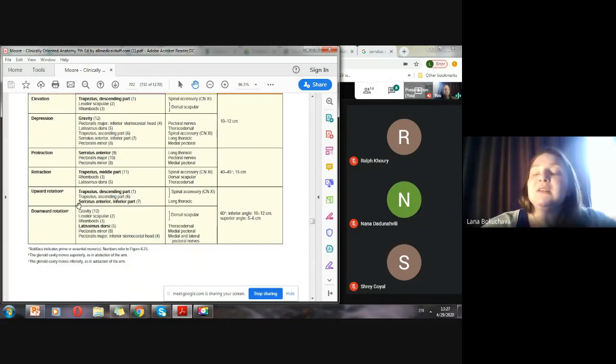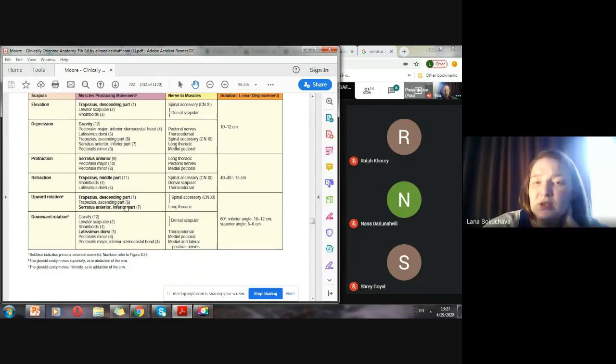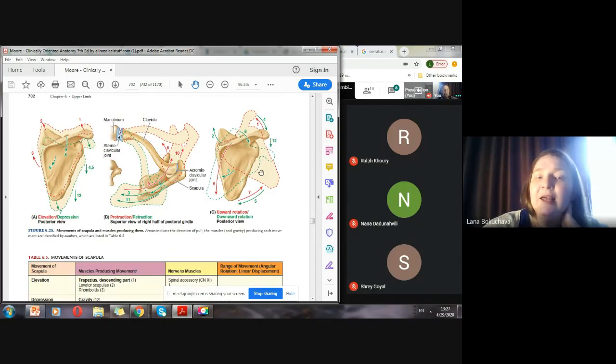Why? Because serratus anterior is not just attached to one point. As you have seen, it is attached to approximately the whole border on the anterior surface of it, okay? As a result, the inferior part of the serratus anterior will be rotating our scapula, as you can see in this red discontinuous line, literally upward, okay?